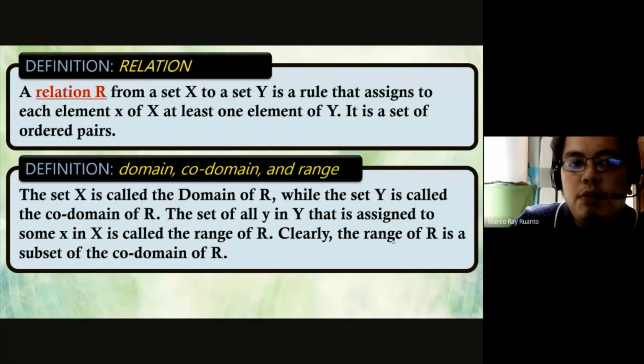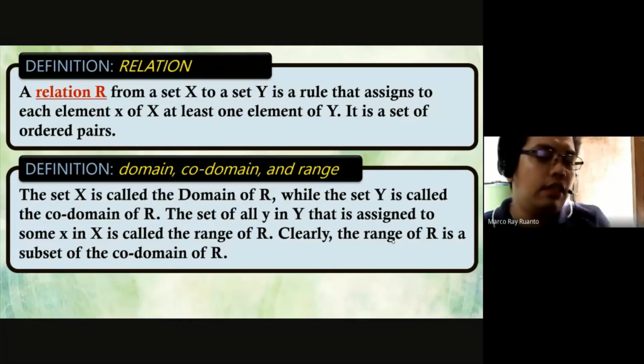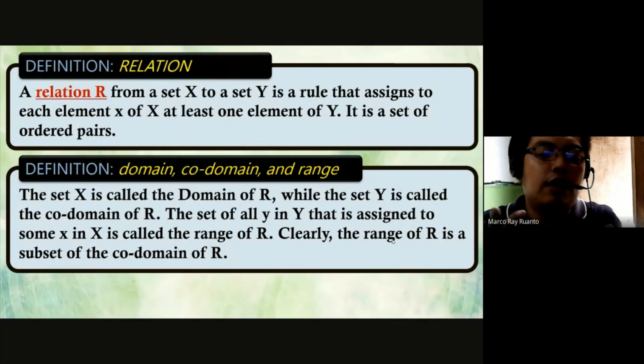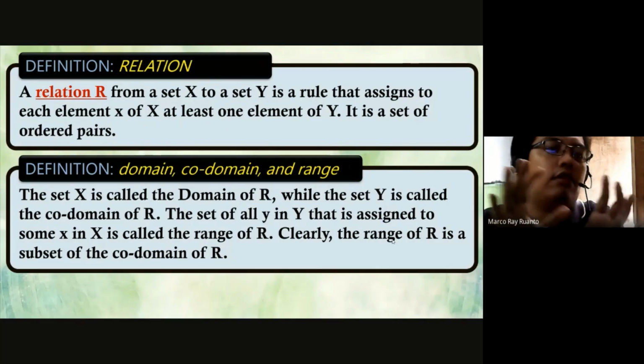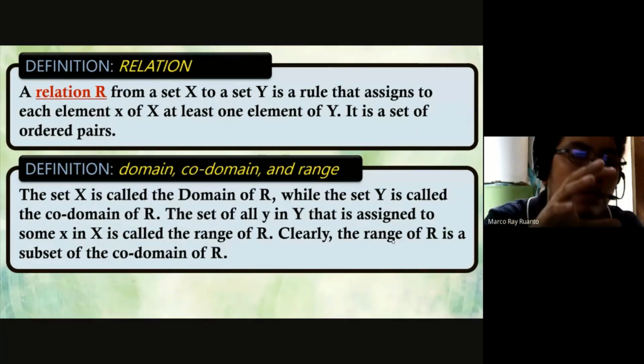And the set of all Y in Y that is assigned to some values in X, we call that the range. So the bigger set is the codomain, then part of the codomain is the range.